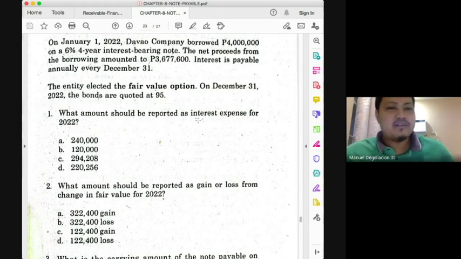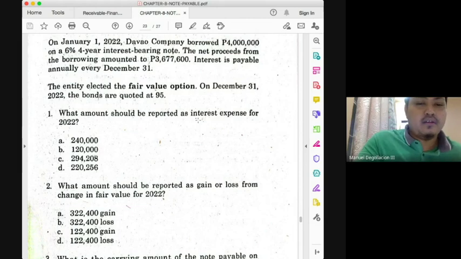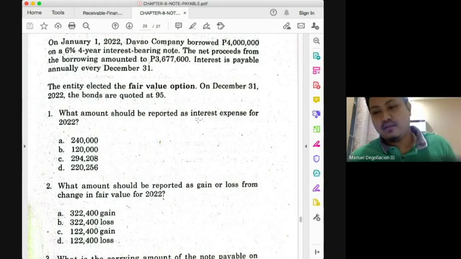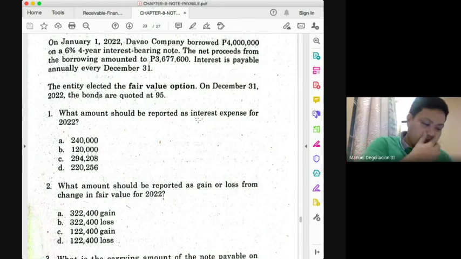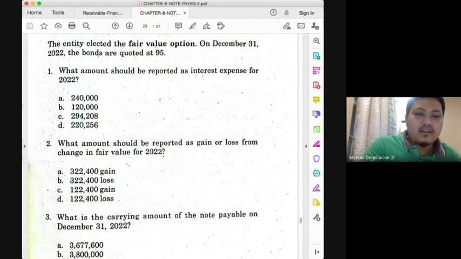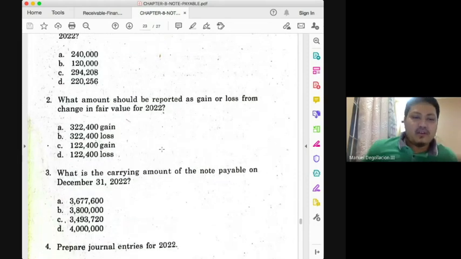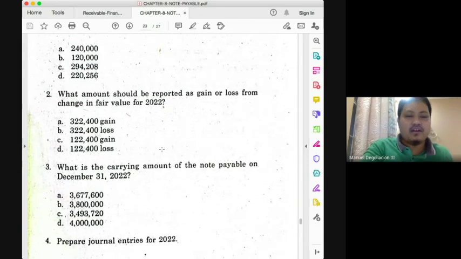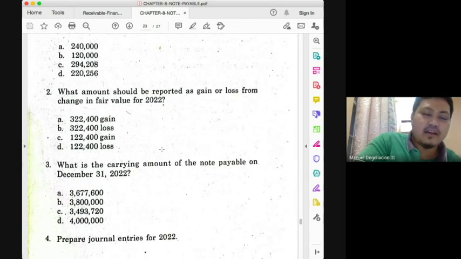And then you compare that from the initial carrying amount of 3,677,600, you would get 122,400. The next question here, what is the carrying amount of the note payable? Again, the carrying amount would simply be its fair value. And as mentioned already, the fair value is 3,800,000.